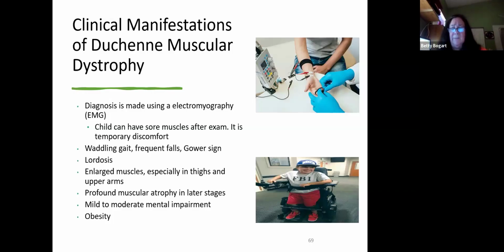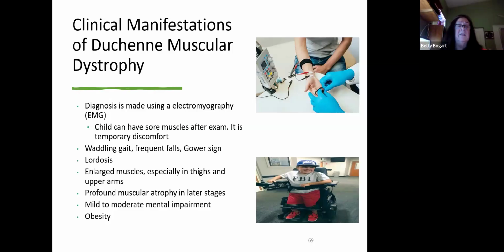Another thing they'll be doing is something called a Gower sign. And I do this all the time. You get on the floor and you can't get up. So you take your hands and you walk up your body to stand up, right? That's Gower sign. These children have it. As I said before, that lordosis, that curvature of that lumbar spine, hypertrophic arms or thighs, like I said.